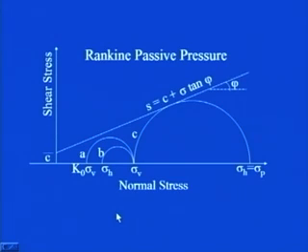As we discussed in case of active earth pressure, similarly in case of passive earth pressure, we try to develop the understanding with the help of Mohr circle. When the soil is exerting lateral earth pressure, there is an initial condition when the wall is not moving at all, that is, the wall is at rest.